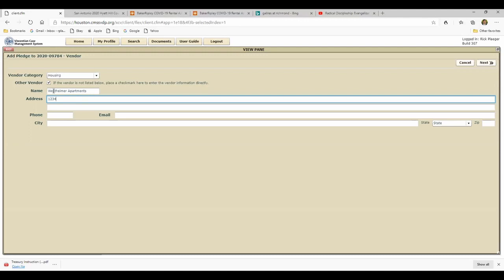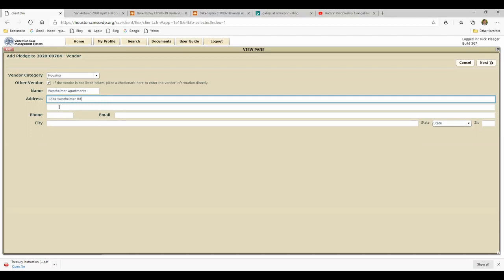So what you can sometimes do is, if you know it's the Westheimer apartments where he lives, you can go up, do a separate search on Google to find out the address for the leasing office. But this is what you need. Because again, this information is going to be used to both write the check and deliver the check.